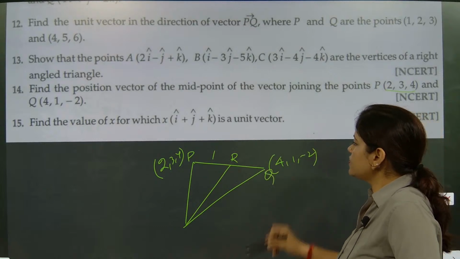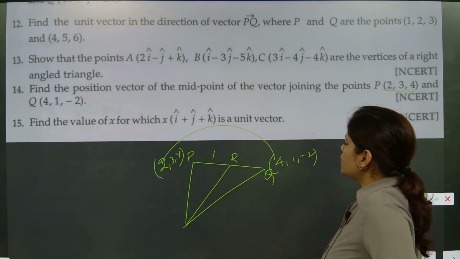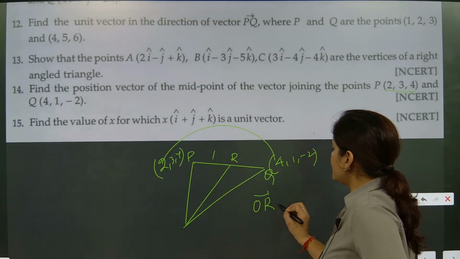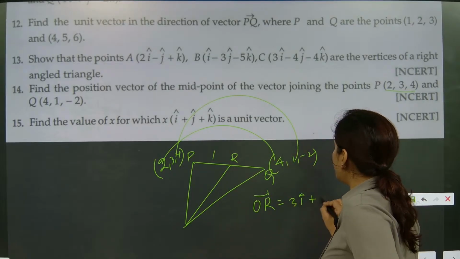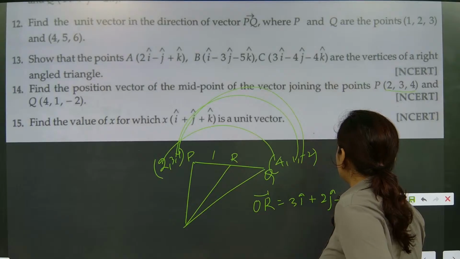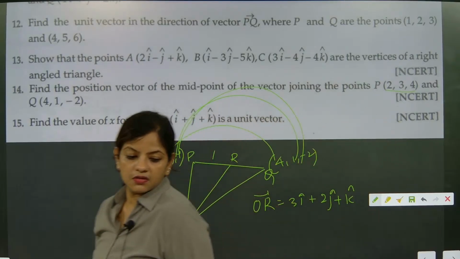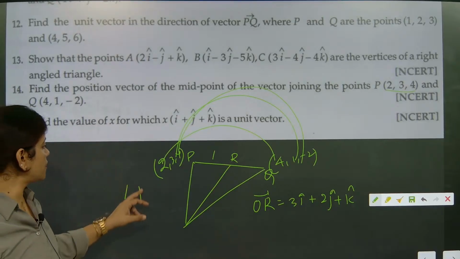So 100% the R vector will be 2 plus 4, 6, divided by 2 is 3i. The OR vector we can write directly: 3i. Now 1 plus 3, 4, divided by 2 is 2j. 4 minus 2 is 2, so plus k. This is the answer to question number 14.